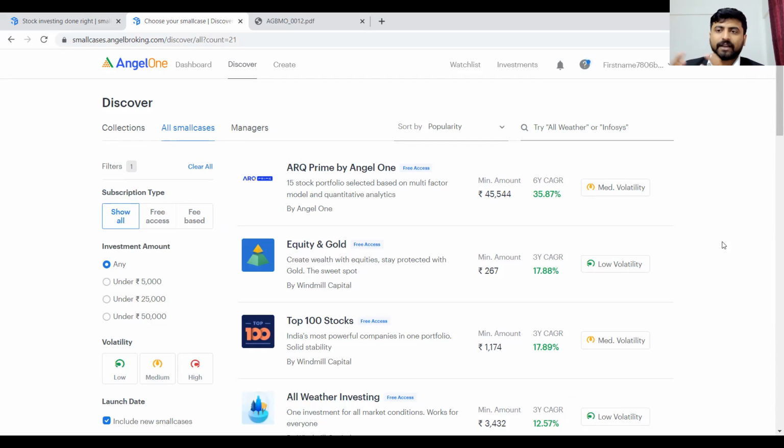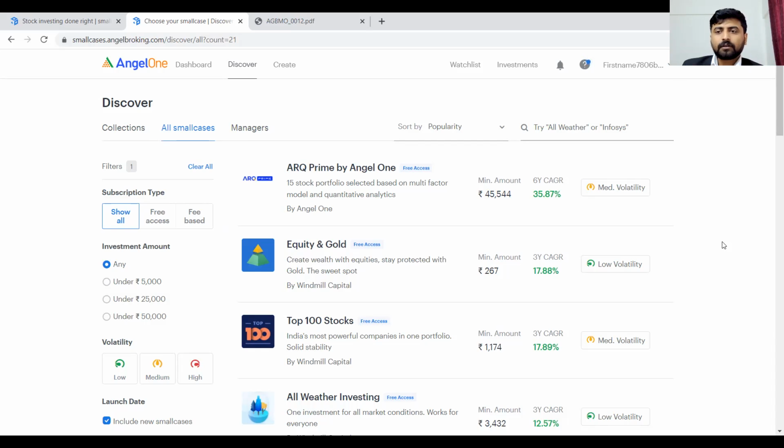So the investment manager who has created this particular small case, what does he or she have in mind, and what is the idea behind the selected stocks in this small case? Once we understand that, we'll have to look at performance. And if we are satisfied with the performance, if it meets our requirement, we should go ahead and invest in that particular small case.